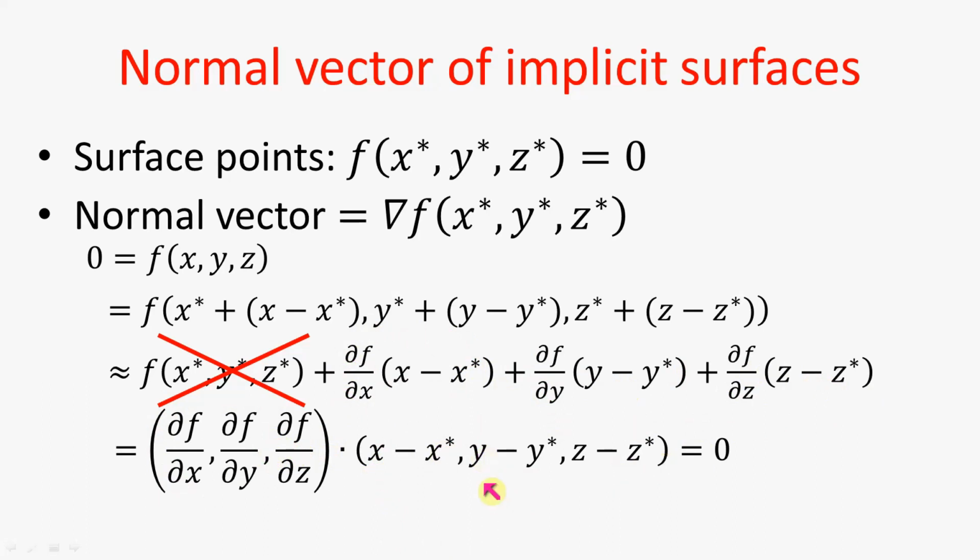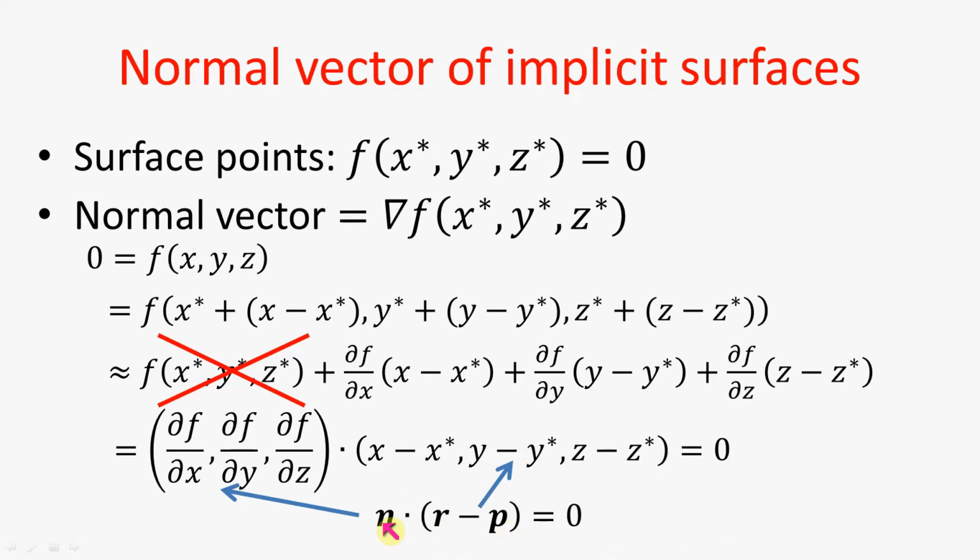Let us compare this expression with the equation of the plane. The general equation of the plane looks like this, where m is the normal vector of the plane, r is the running point on the plane, and p is one particular point on the plane called the position vector of the plane.